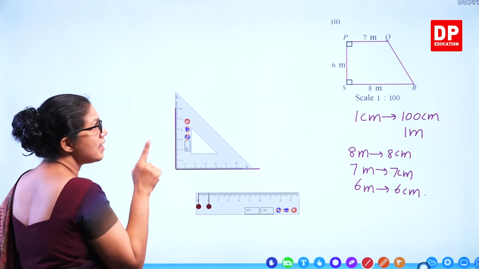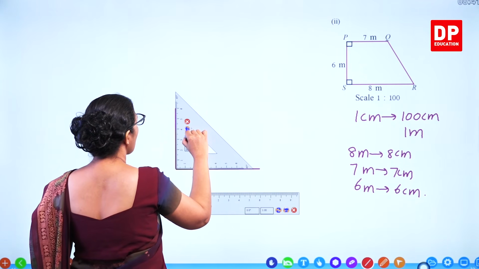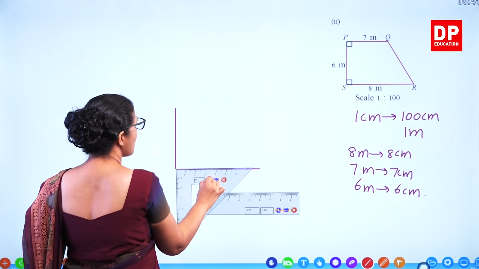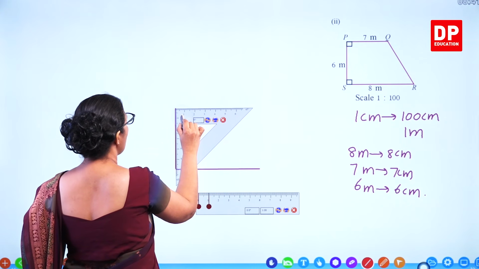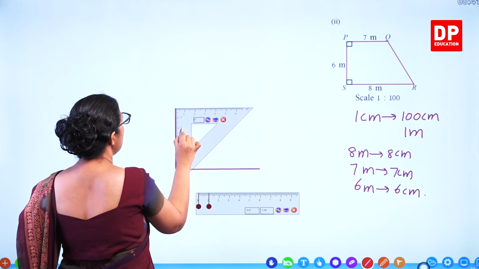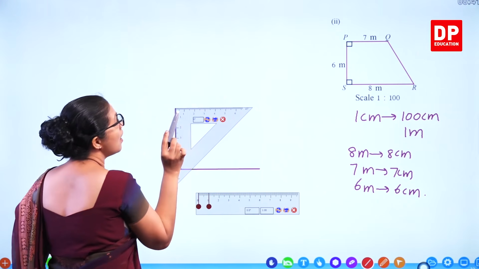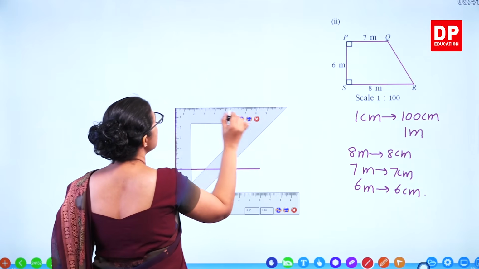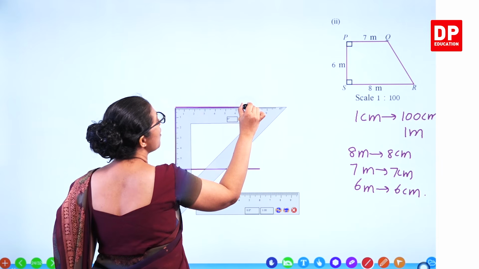Now again you need 90-degree angle. So we'll take the set square, and now to this point we need to draw 90-degree angle. So what's the length now? 7 meters means 7 centimeters. So 7 centimeters to this side, up to here.